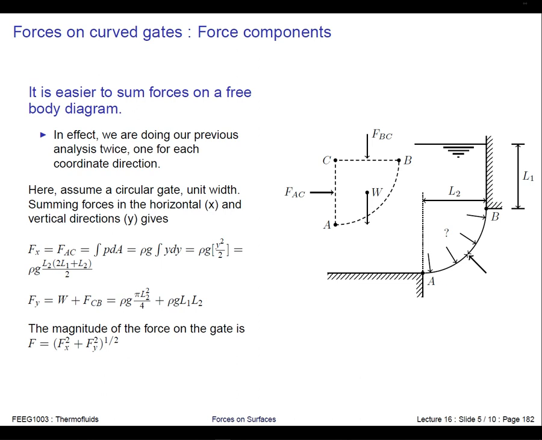So a good way to do it for an arbitrary shaped surface is to take a volume of fluid and do a force balance on this fluid. So if we take this volume of fluid next to this curved surface and we make a control volume here, so this is A, and C is here, and B is here, and we do a force balance on this fluid.